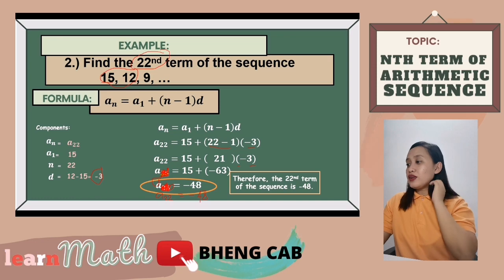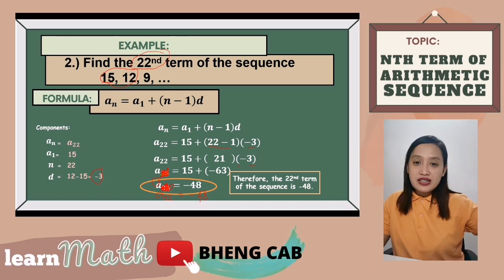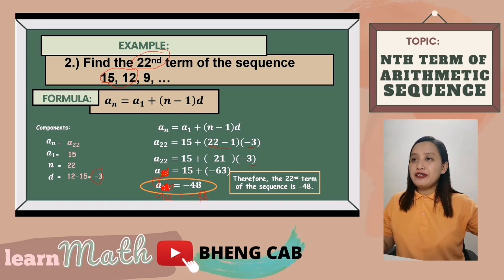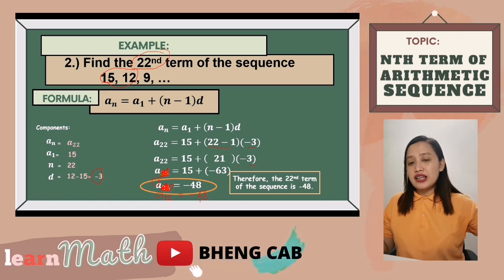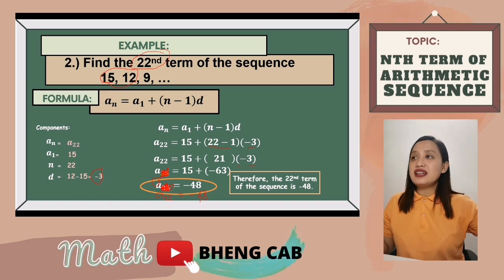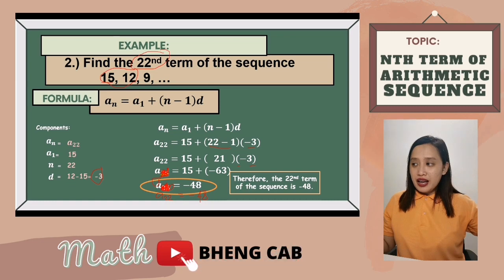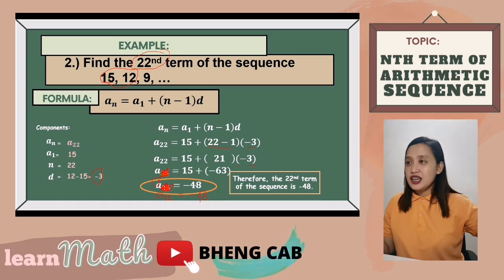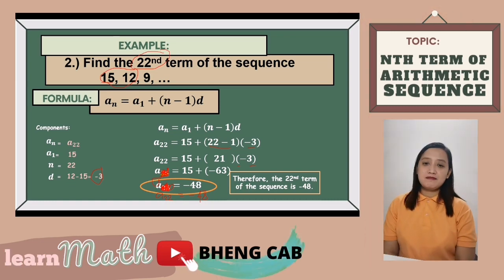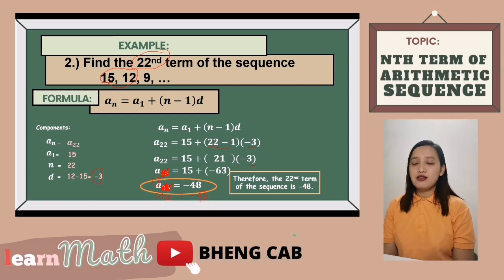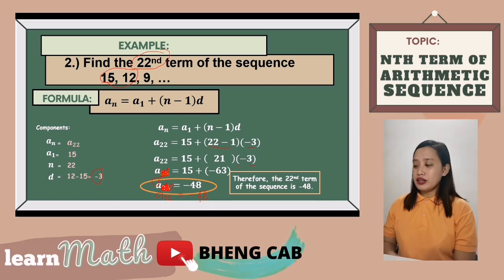Therefore, the 22nd term of the sequence is negative 48. Ibig sabihin, kung meron ka ditong 15 as first term, 12 as second term, meron tayong pangatlong term as 9. Kapag kinontinue mo yung sequence na ito, ang pang 22nd term na meron tayo ay negative 48. Okay? So, ganun lang kasimple yung unang dalawang given.